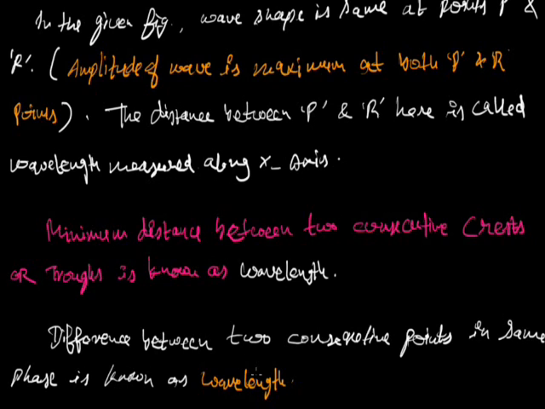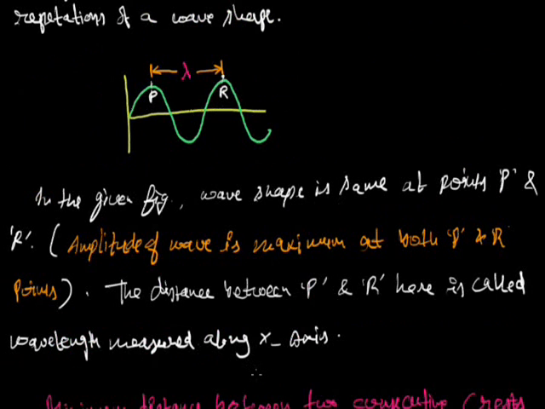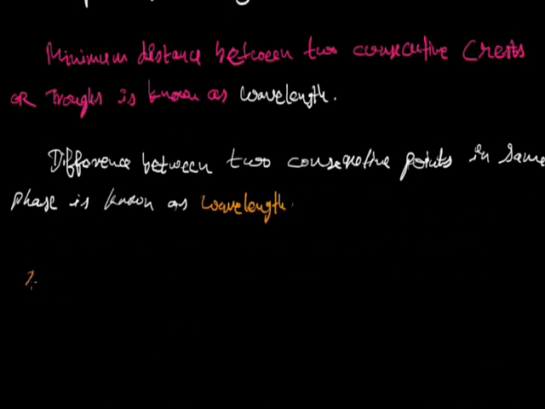Again, you can see the given diagram where the point P and point R in the same phase. Similarly, you can draw another point here, say a point B and a point C, which will also be in the same phase. So the distance along the x-axis between B and C will also be considered as a wavelength.